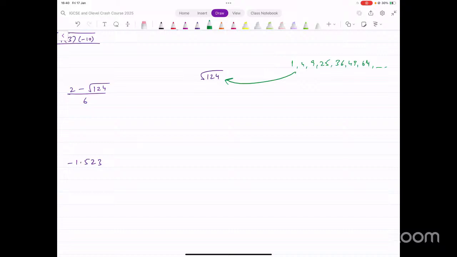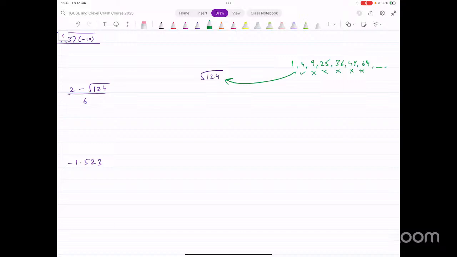Amongst these numbers, find the largest number that is a factor of 124. Let's start from the right hand side. 64 is not a factor. 49 is not a factor. 36, is that a factor? 36, 72, 108, no, it's also not a factor. 25 is not a factor. 9 is also not a factor. 4 is a factor of 124.